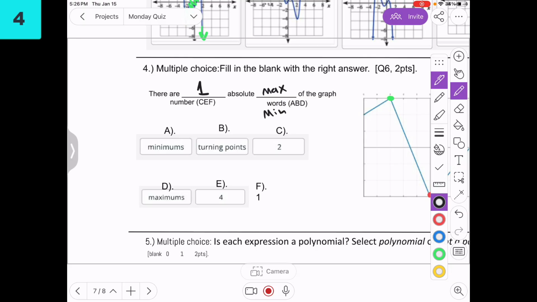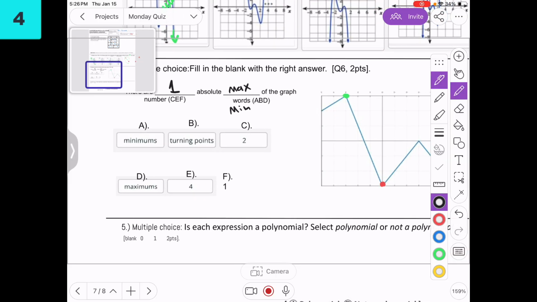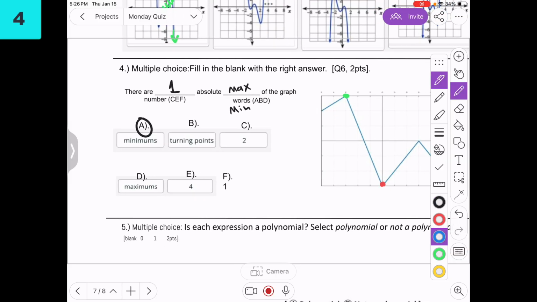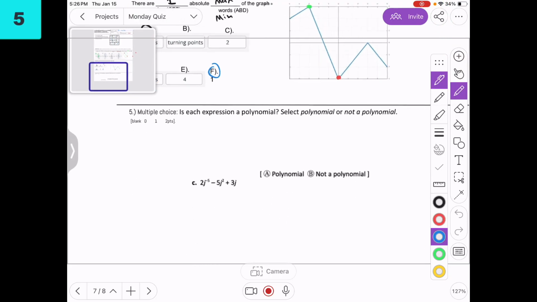I give you credit if you chose one of those two combinations. So this one had to be A, and the other two options could have been either D or F, so A and D, or those two combinations. Okay, moving on to the next one.